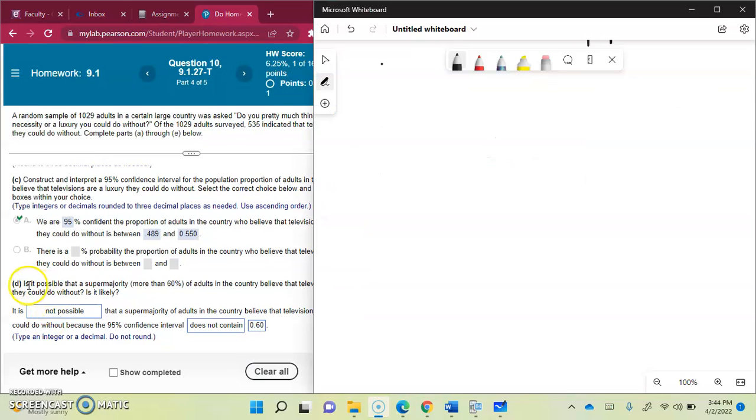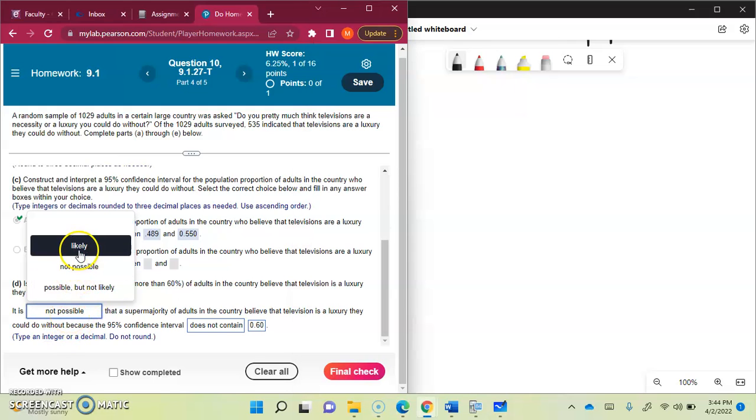Is it possible that a supermajority, more than 60% of adults in the country, believe that television is not a luxury they could do without? Is it likely? So is it possible? Yes, we do not know the country, right? But we need to check the likeliness.